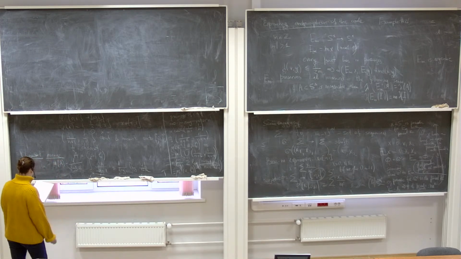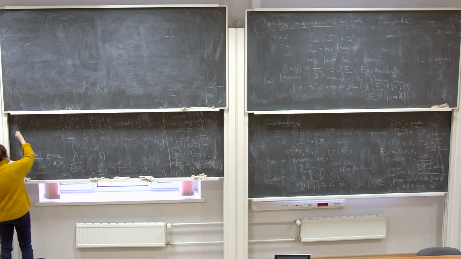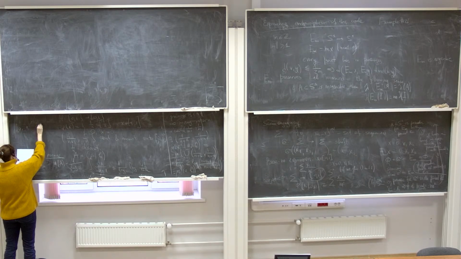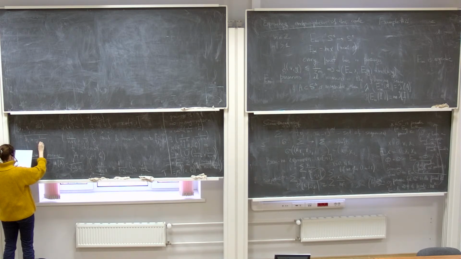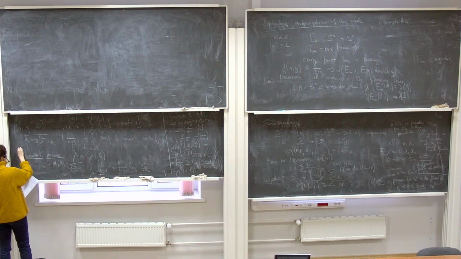So what does it mean, the continued fraction? I recall you. A1, A2, etc. So you can see that your x is 1 over (a1 plus phi of x).